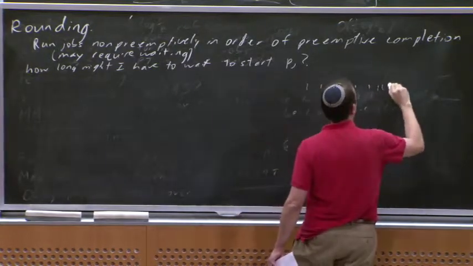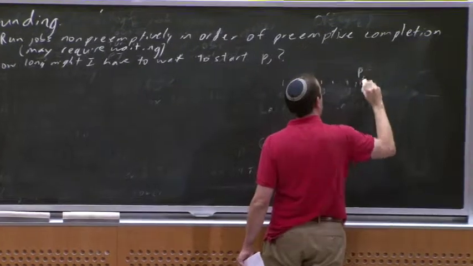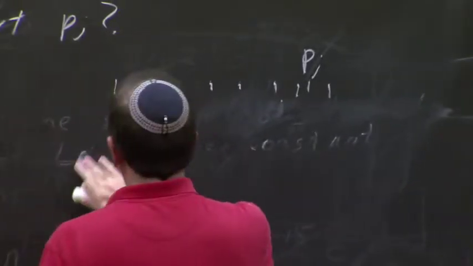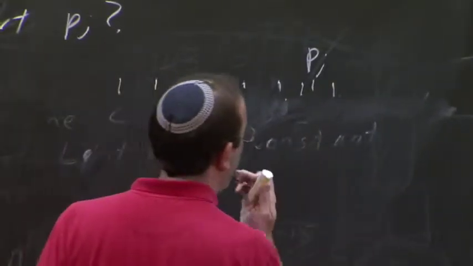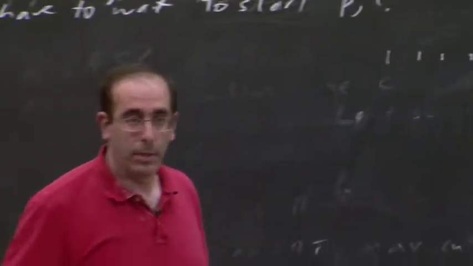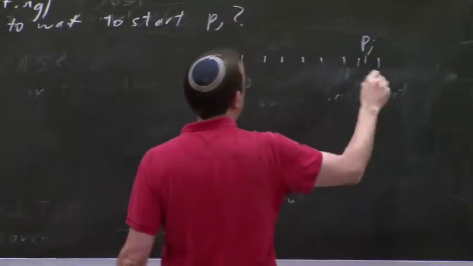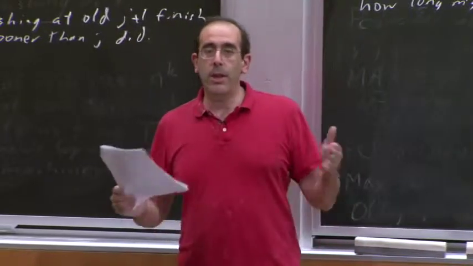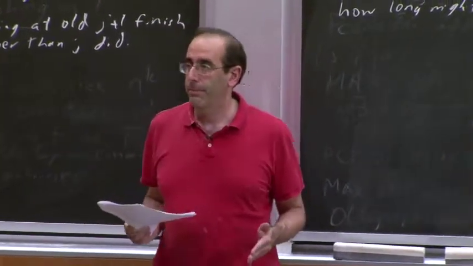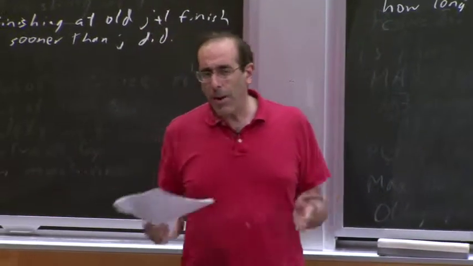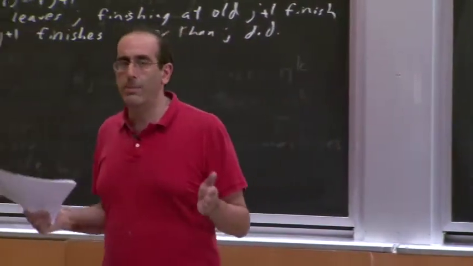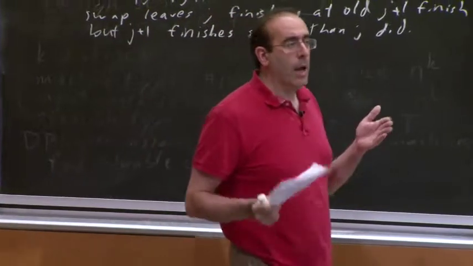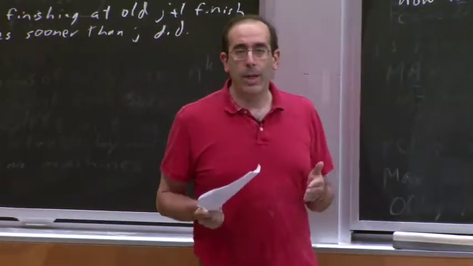And job J is going to finish at some point in the preemptive schedule. Now, when I switch to the non-preemptive schedule, I'm going to have to introduce some waiting space that wasn't there before. But how can I bound the amount of extra waiting space that's going to have to be created because I am not preempting things?